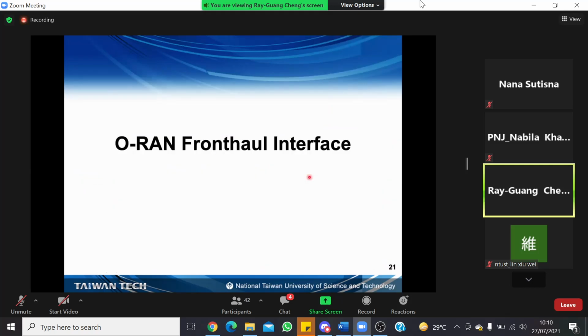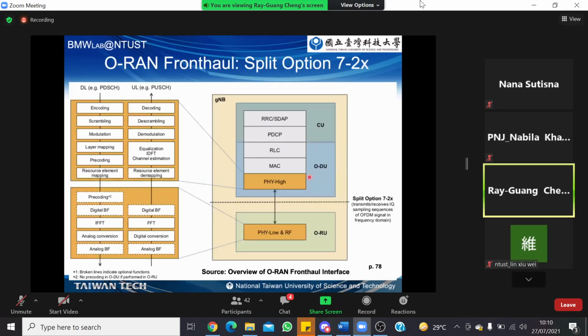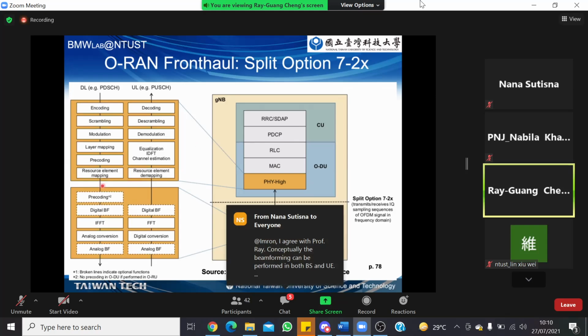So in the last hour, I will quickly go through the Fronthaul interface defined by the ORAN Alliance. We show you this figure, but here we just want to tell you the split option 7.2 is here. They define it at resource element mapping.